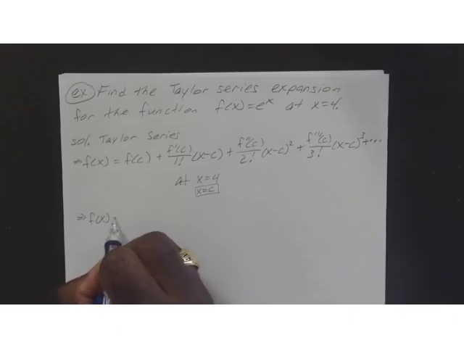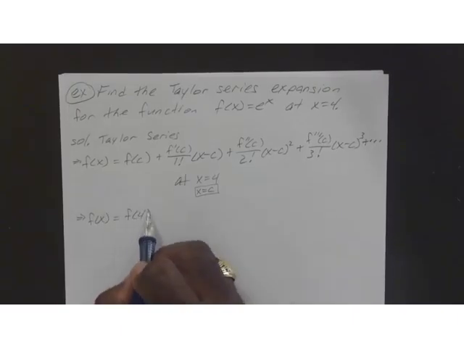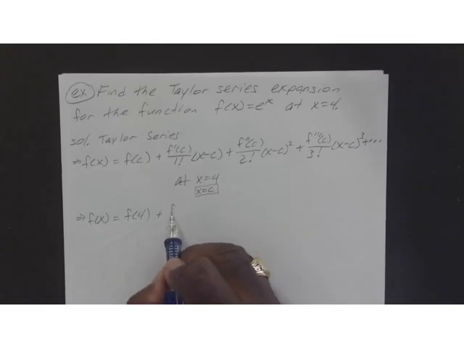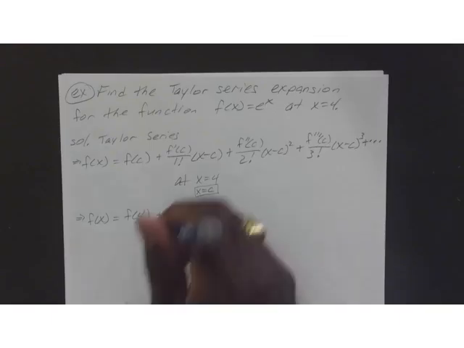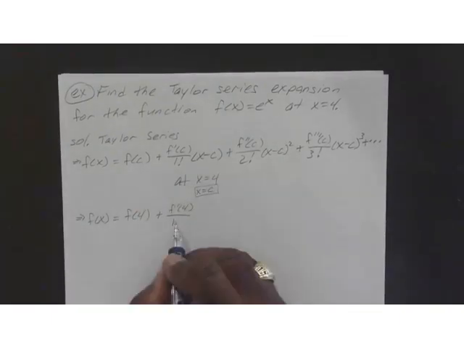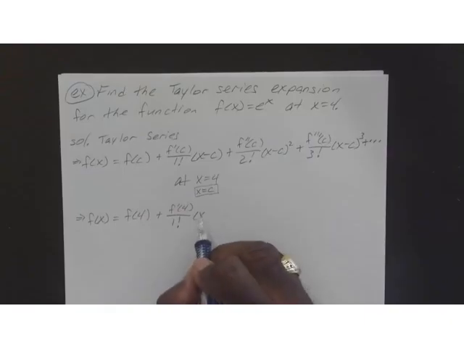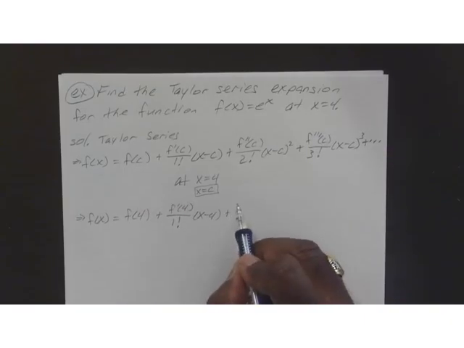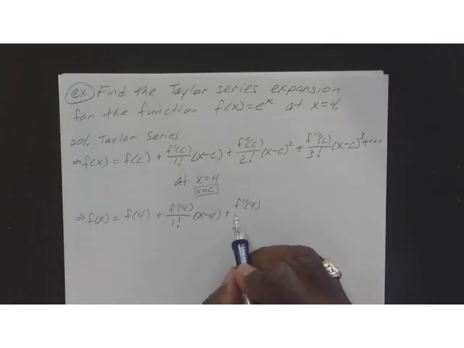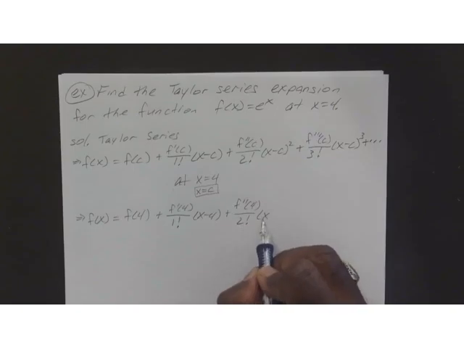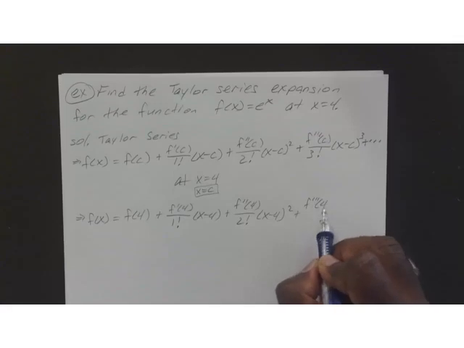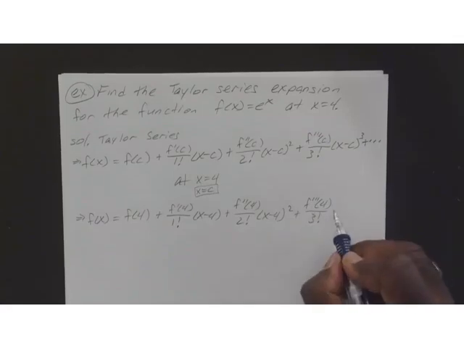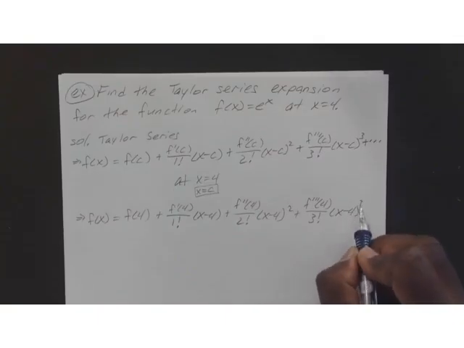So that means your f of x is just equal to f of 4 plus f prime of 4 divided by 1 factorial, times x minus 4 plus the second derivative at 4 divided by 2 factorial times x minus 4 squared plus the third derivative at 4 divided by 3 factorial times x minus 4 to the third power.